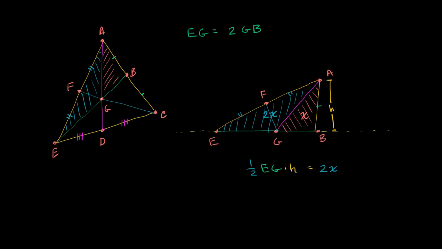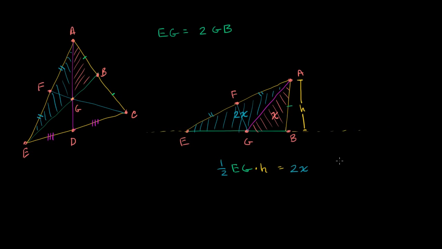Now let's do the same thing for this orange triangle. We have 1/2 GB times the yellow height h is going to be equal to x. Well, we can substitute. If this is equal to x, we can place this entire expression right over here for x.